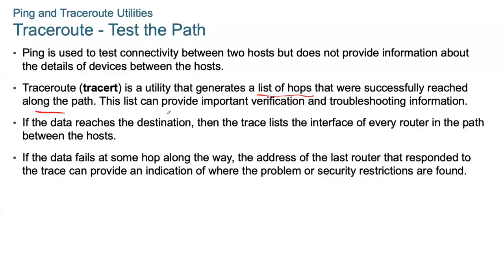So this list can provide important verification as well as troubleshooting, because as we checked, host 1 pinged your R1, then host 1 tried to ping R2, then host 1 tried to ping your host 2.